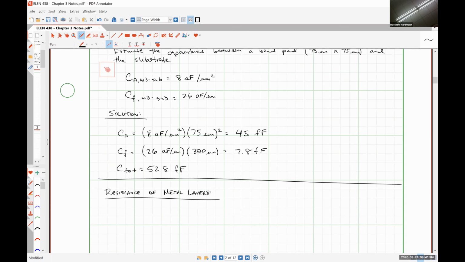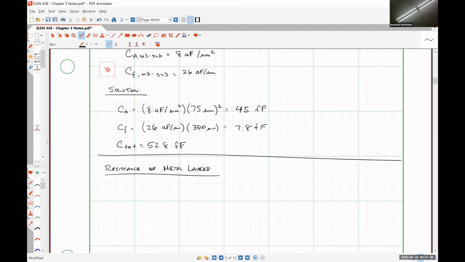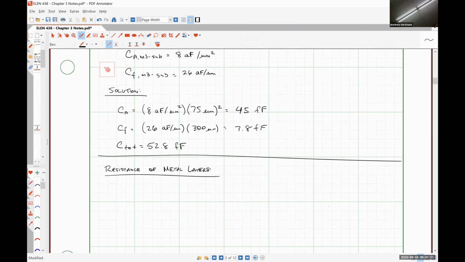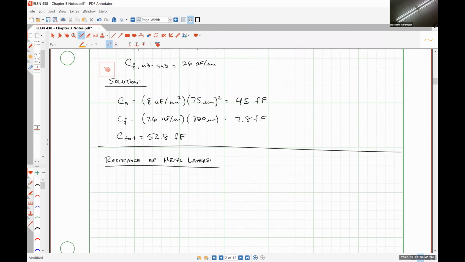Alrighty. So a wire. All right. So let's say that we had a wire, and it's going to be on our metal 3 layer because we already have some information about that, right?